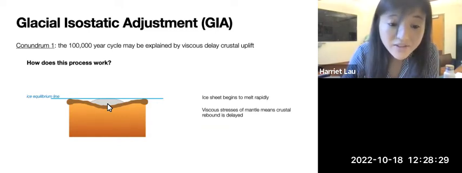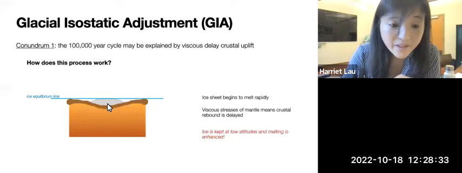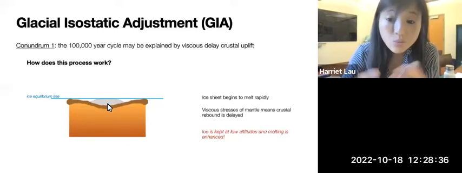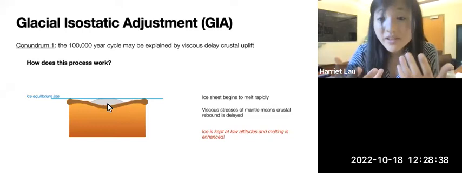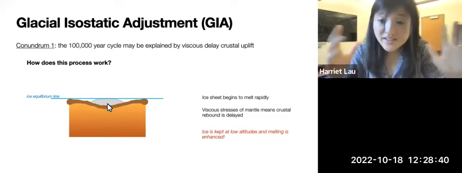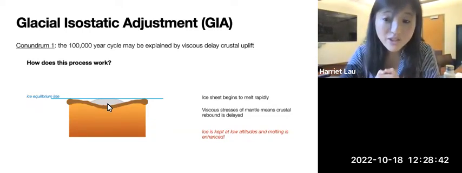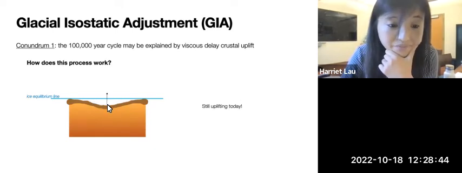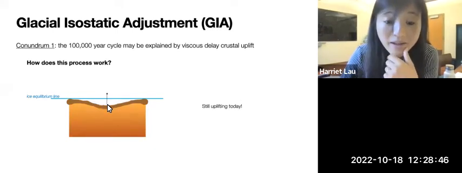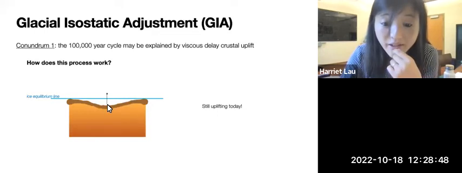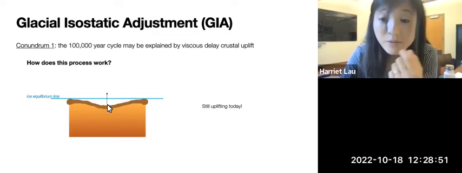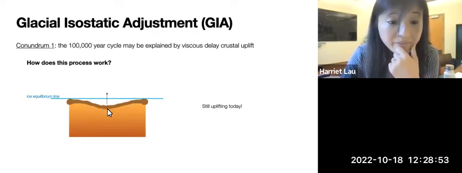And so viscous stresses within the mantle delay that rebound, and ice is kept at low altitudes where it's warmer, and so melting is enhanced. And so you kind of escape the permanent ice sheet scenario. And so today, in North America, we're in this current phase where we're still uplifting even without the Laurentide ice sheet.